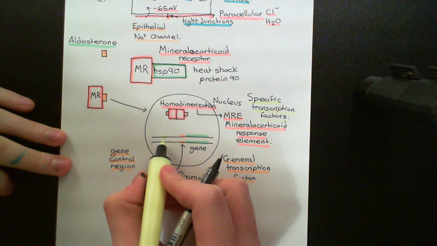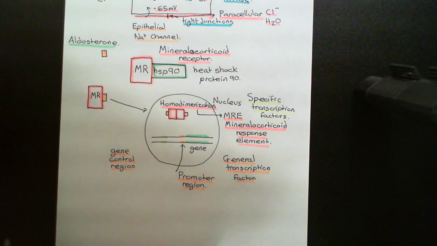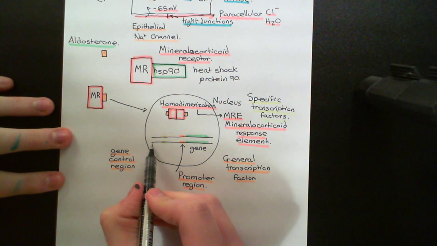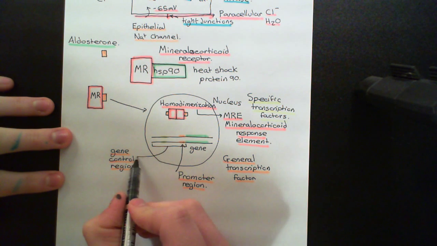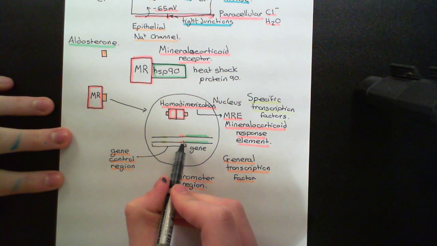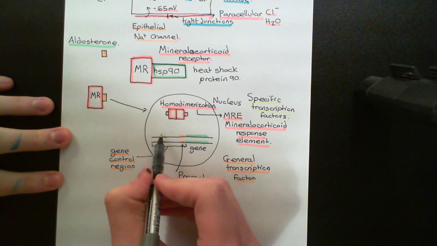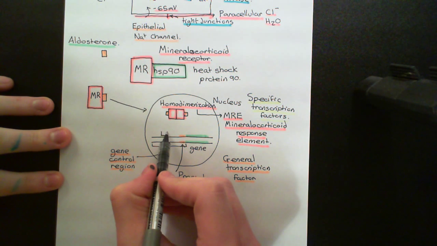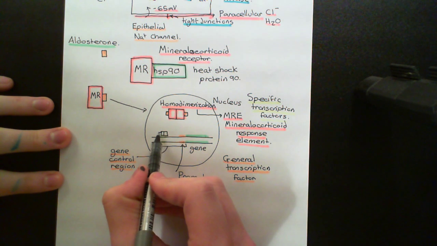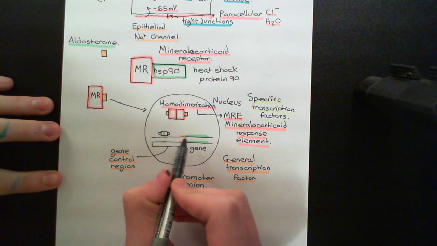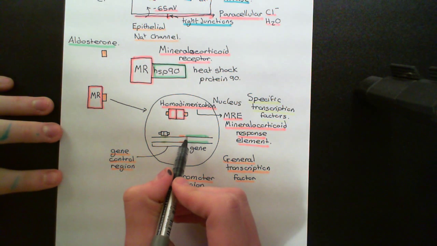So for instance, we might have our response element for the mineralocorticoid receptor located in the portion of the gene control region. So all of this is supposed to be the gene control region for this gene. This is a portion of the gene control region far upstream of the important promoter region, and this might be where the mineralocorticoid receptor dimer can now bind here, and it will then influence the likelihood that the downstream gene is going to be transcribed.